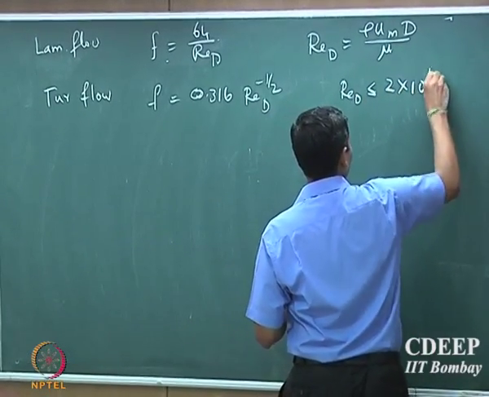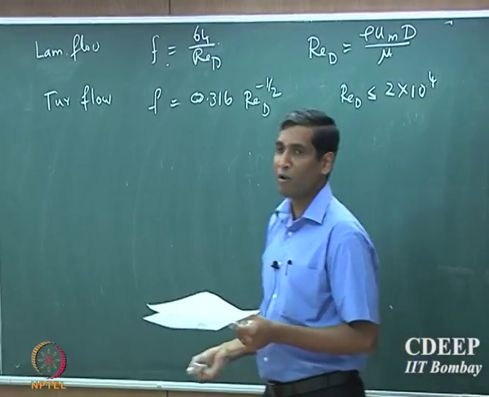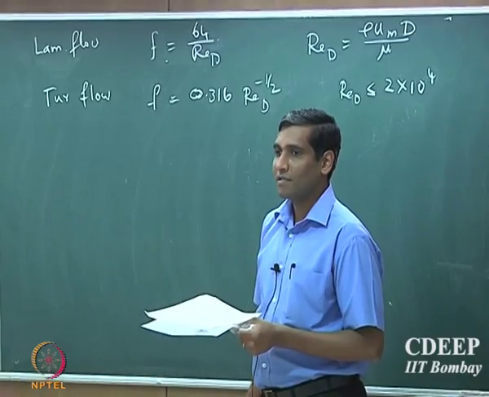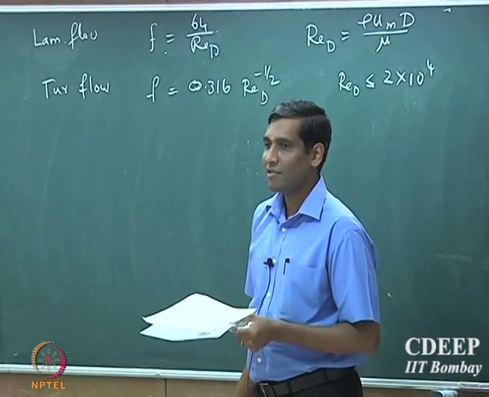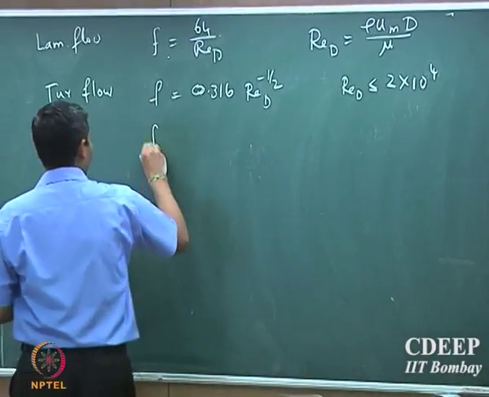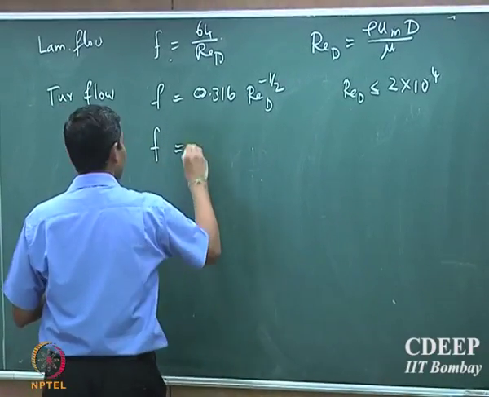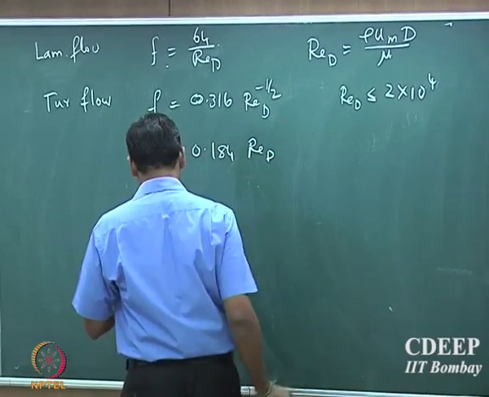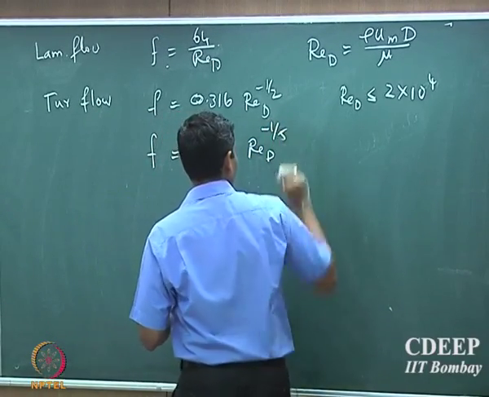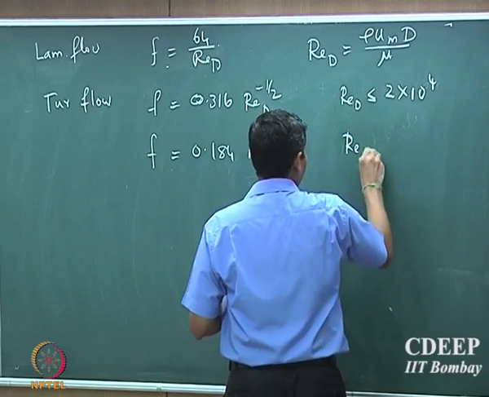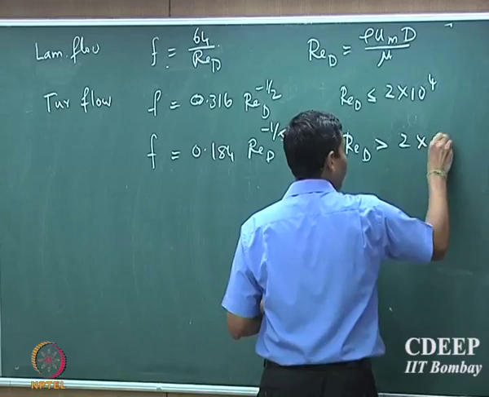What's the transition Reynolds number for pipe flow? 2000, 2100 ballpark, and this is valid when the Reynolds number is greater than 2 into 10 power 4.